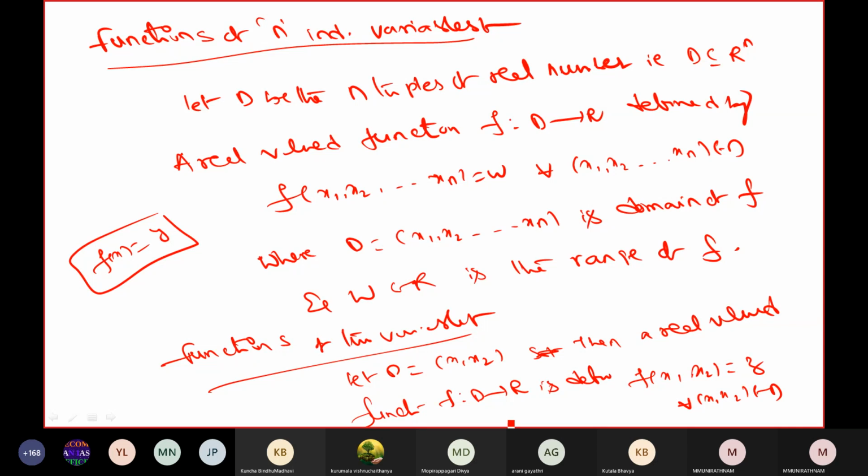For example, 2x plus 3y equal to 1. This is a function. Or f of x comma y equal to x square minus y square plus 1. Or x square minus y square minus 4.